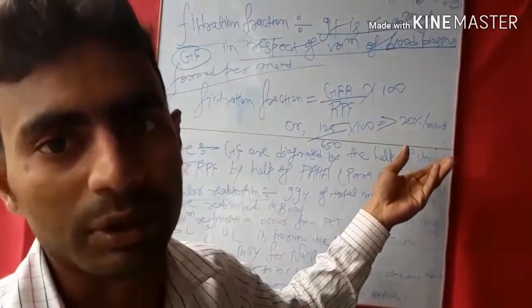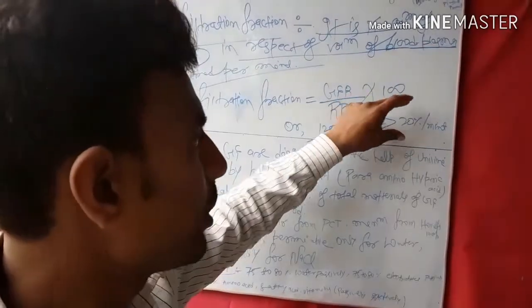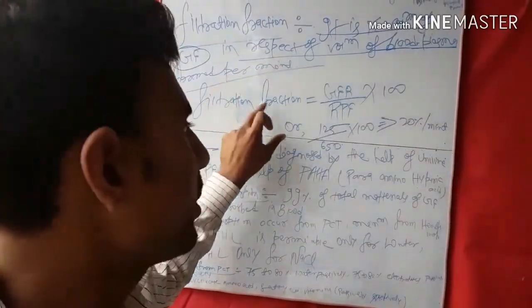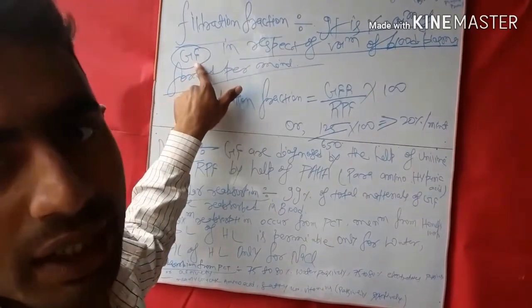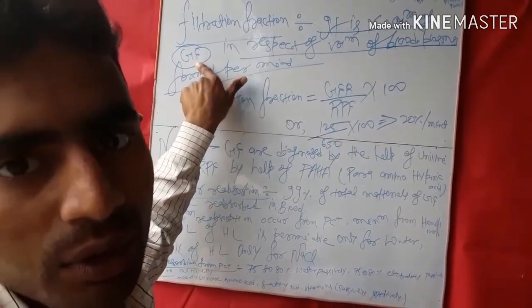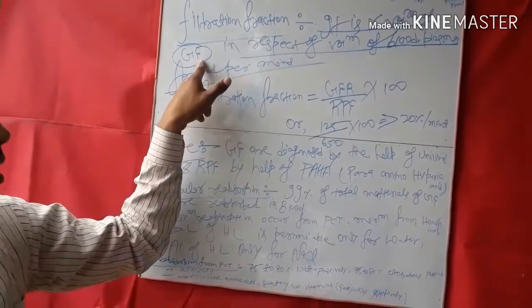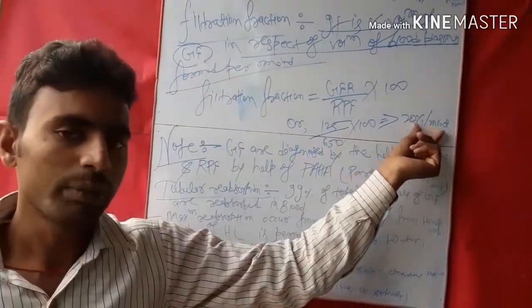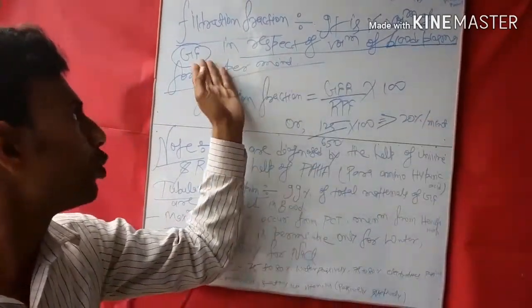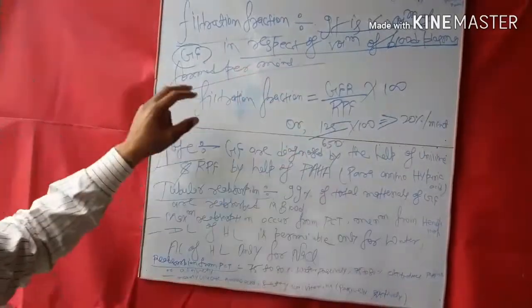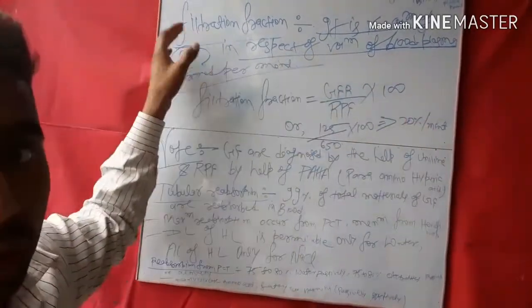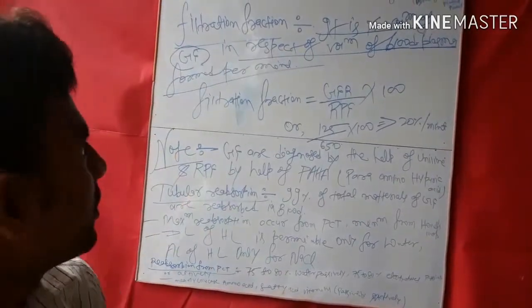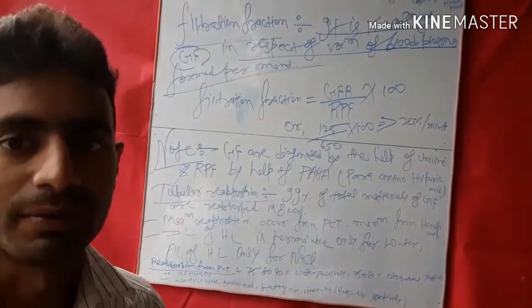The filtration fraction is 20% of the glomerular filtrate per minute.